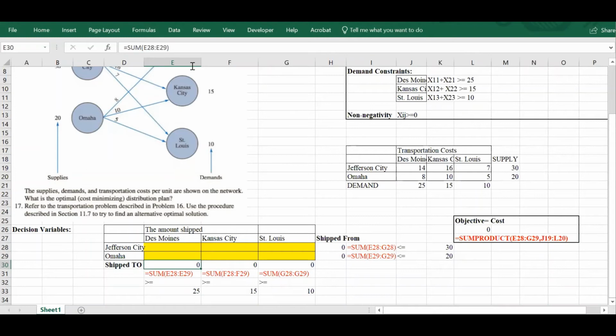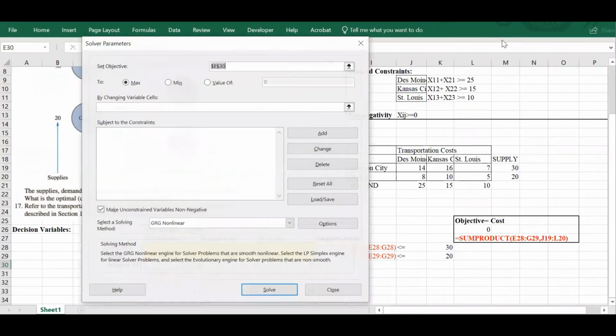So let me go ahead and go to Solver, Data tab, Solver.